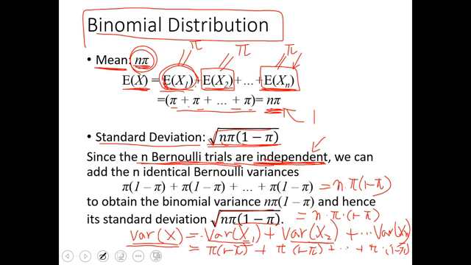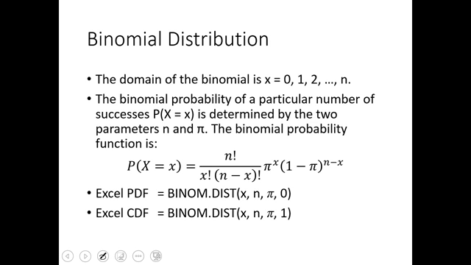So that is the binomial distribution. Please keep in mind that a binomial distribution is obtained by the sum of Bernoulli random variables. The mean is n pi, and the standard deviation is the square root of n pi times 1 minus pi.